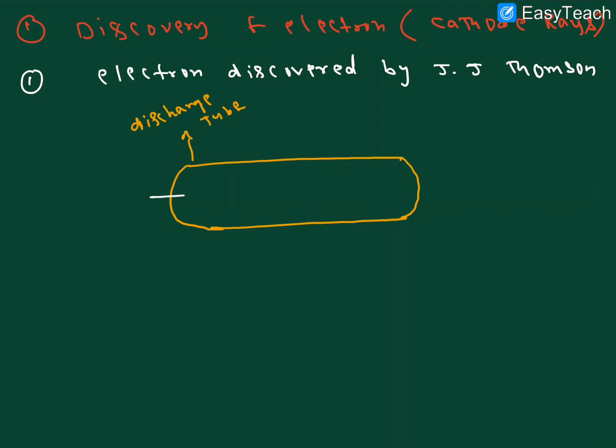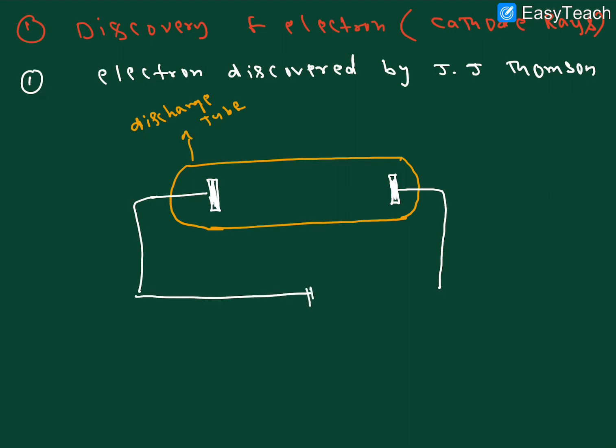In this discharge tube, two electrodes are taken at the two ends. This is one electrode, and here is another electrode. They are connected to a high voltage battery.